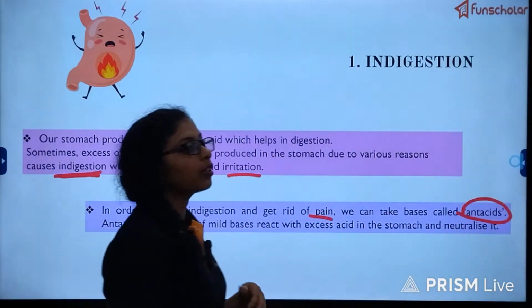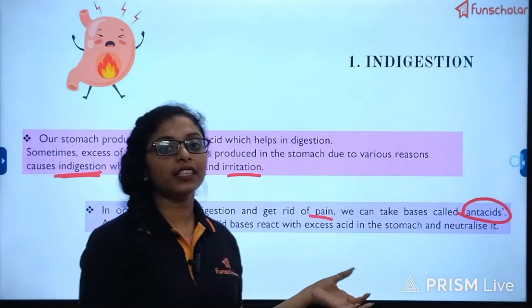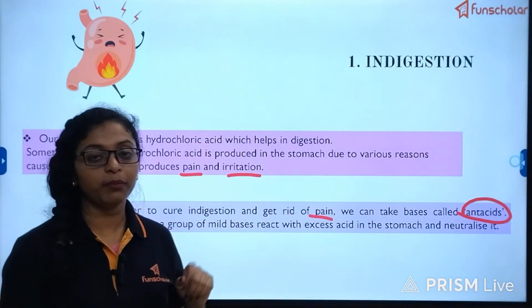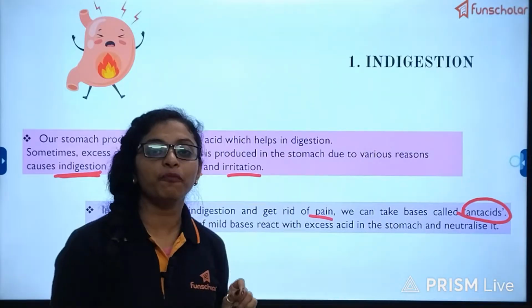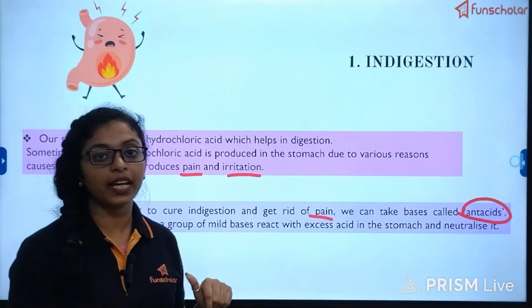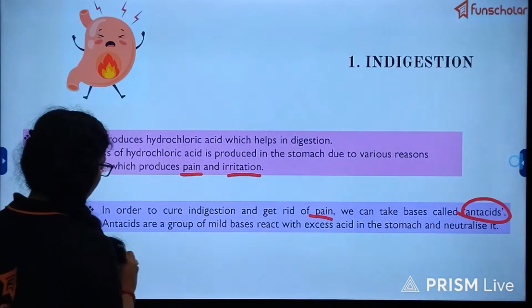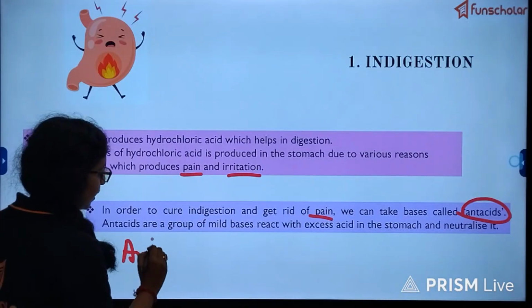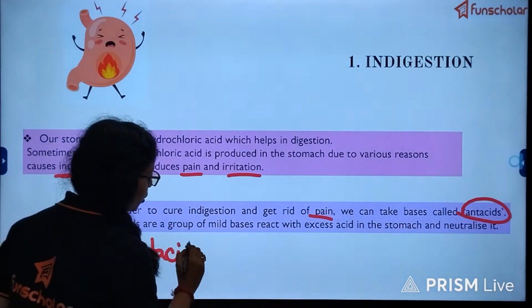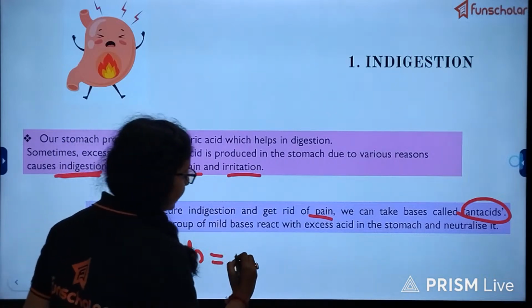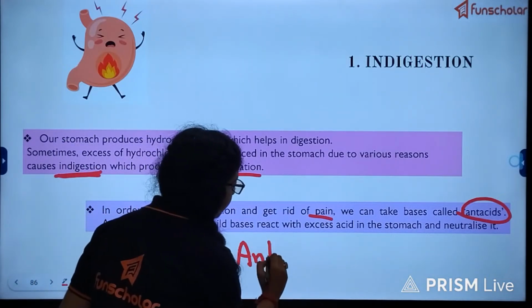So whenever we tell our parents that we are having an acidity problem, they give us a particular type of medicine which they always call antacids. So what is an antacid?